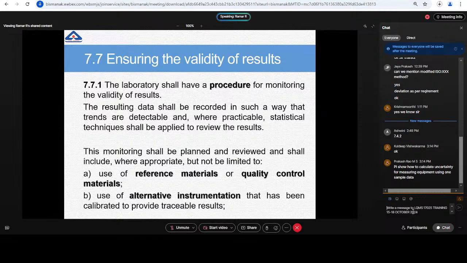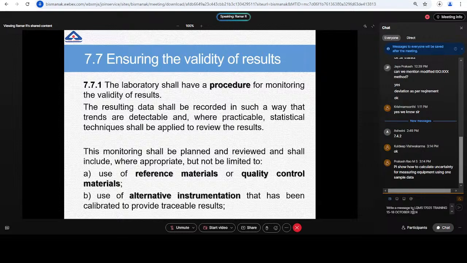Whatever is addressed under this clause, certain things the quality control team or technical team is responsible for, certain things the quality team is responsible for, and certain things both are responsible for. So accordingly, you can make your plan for executing these activities.